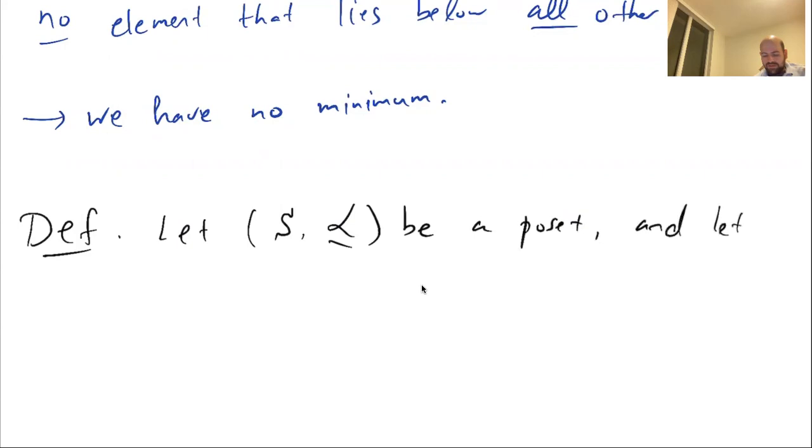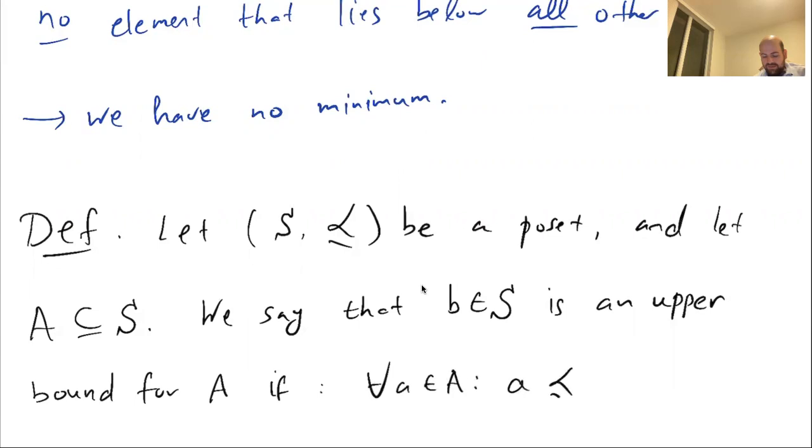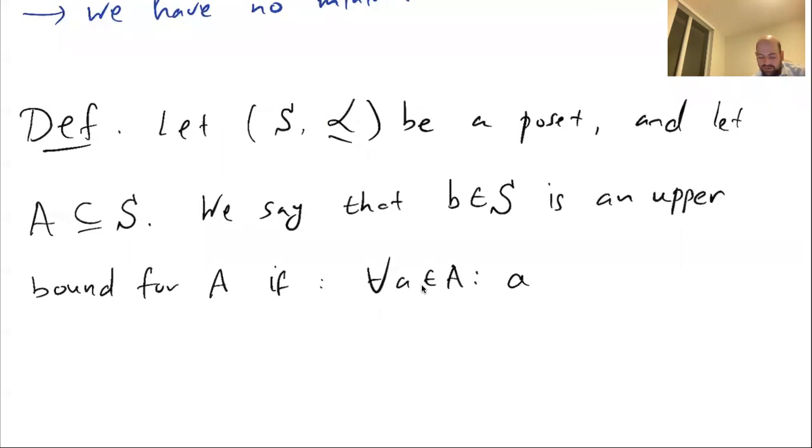And let A be a subset of S. We say that B in S is an upper bound for A if for every a in A, we have a curly less than or equal to B, because my relation is curly less than or equal, which could be actual less than or equal, or dividing, or subset, any poset.